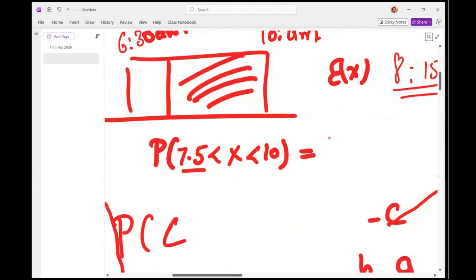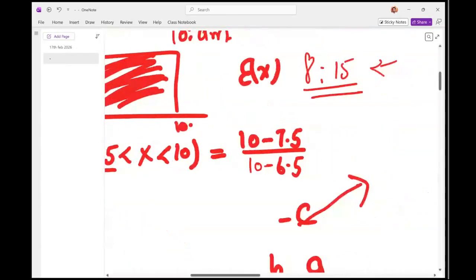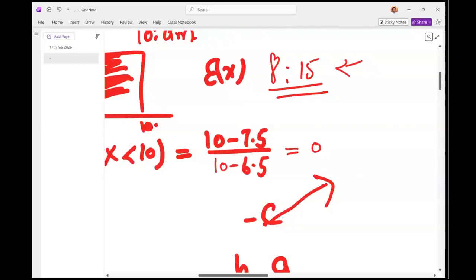So we will write it as 10 minus 7.5 divided by 10 minus 6.5. This was 7.5, and this is 10. So this gives us 0.714.